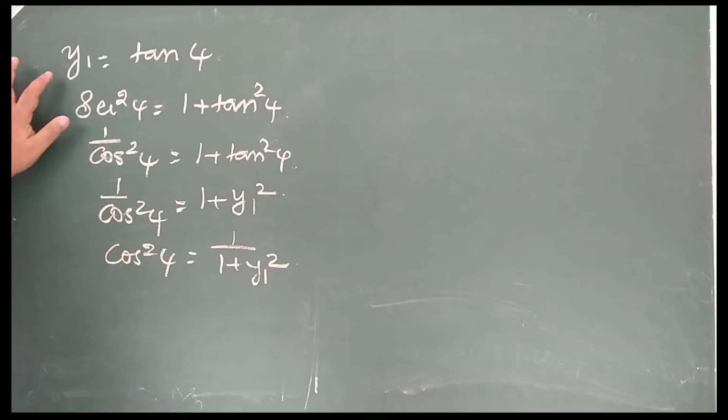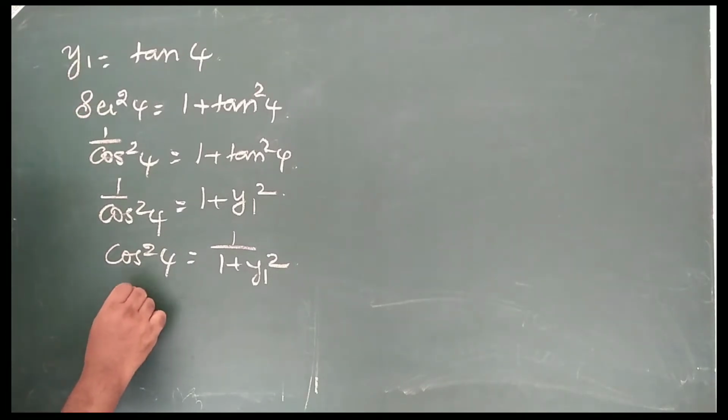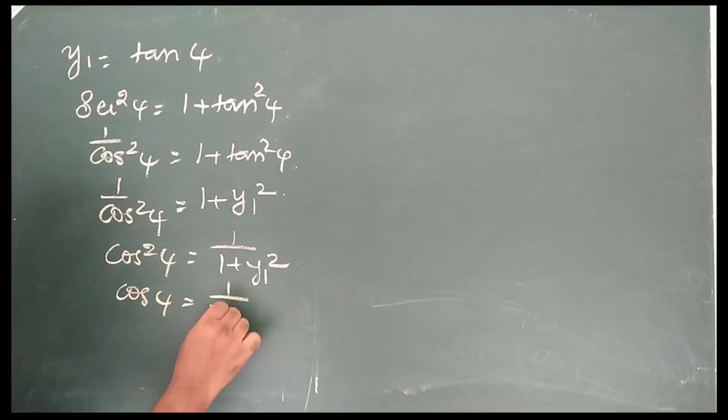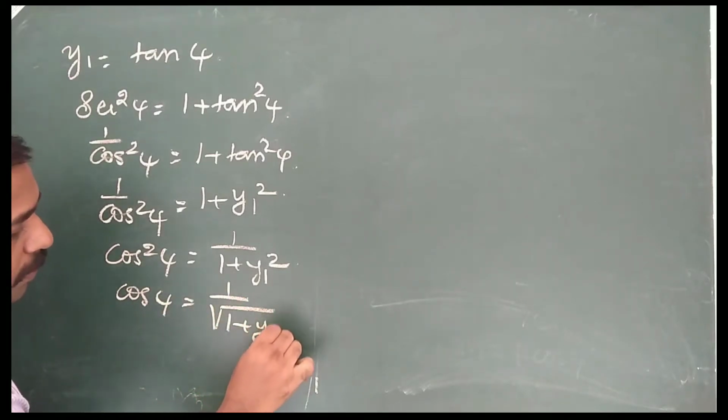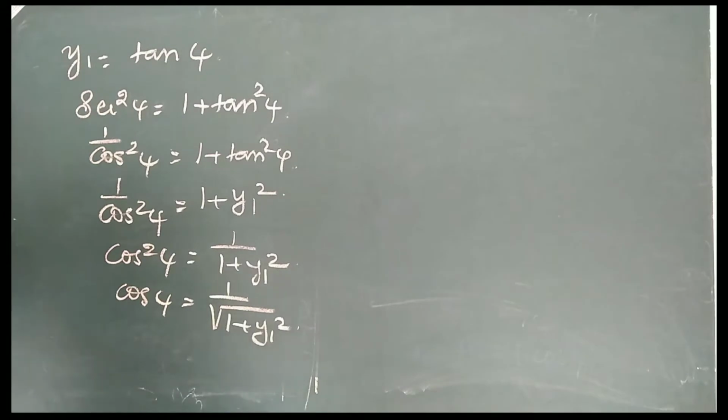Therefore cos psi is equal to 1 by root of 1 plus y1 square, taking square root on both sides.